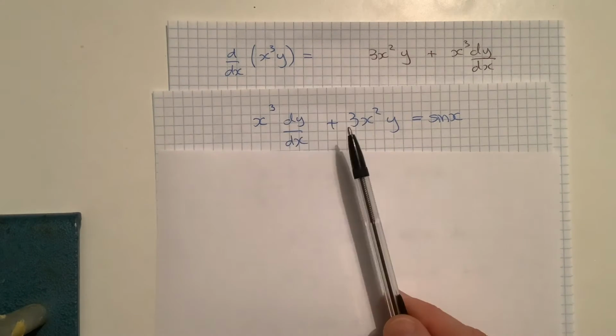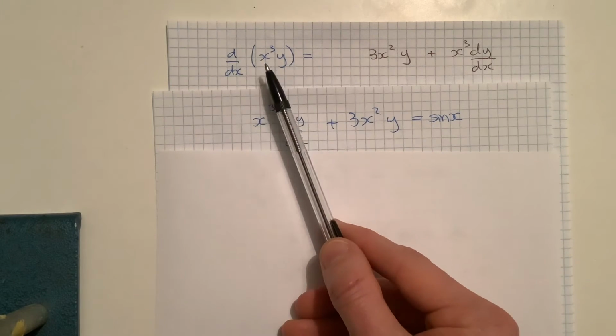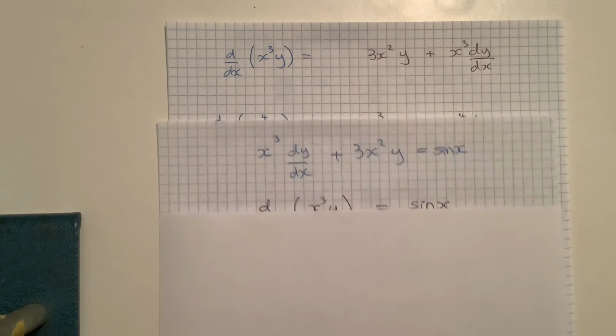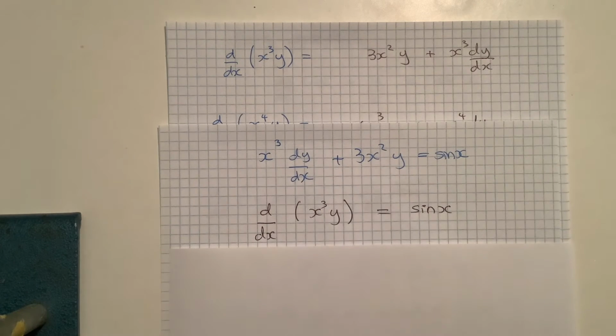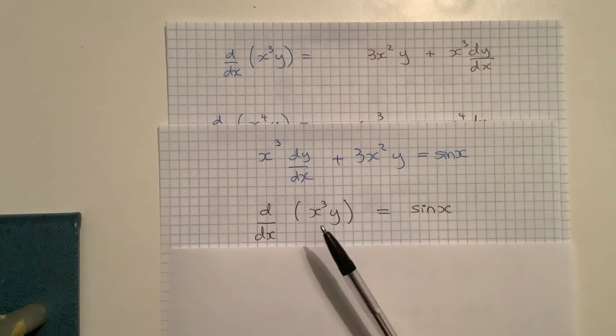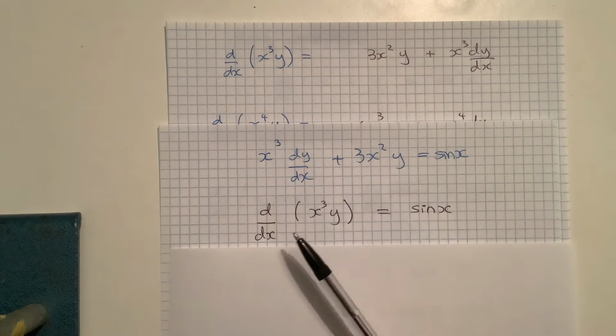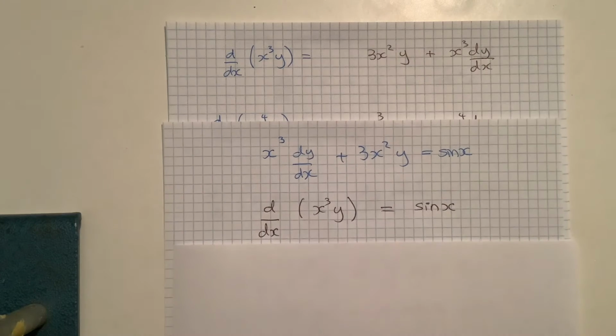So this is actually the same thing as this. So I can replace that with this, which then makes this really easy, because I can now integrate both sides with respect to x to get rid of this.